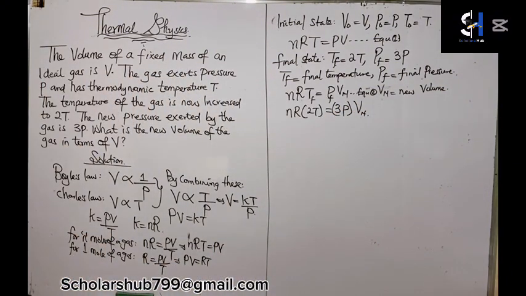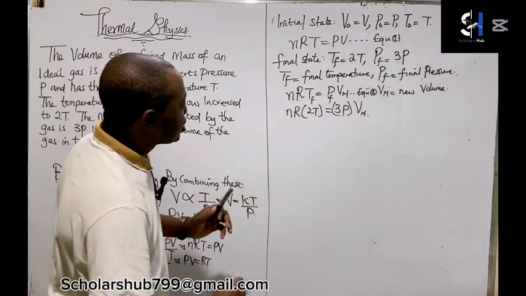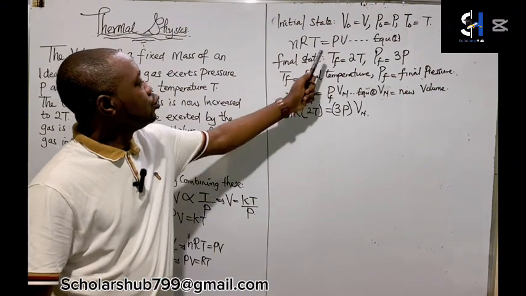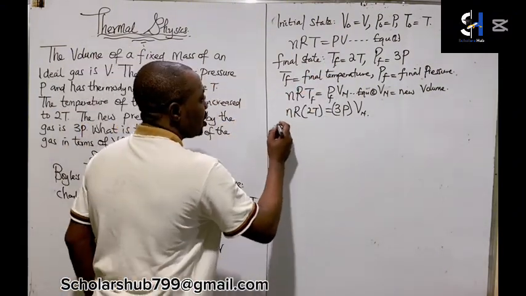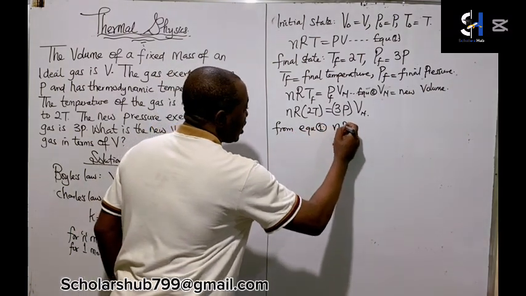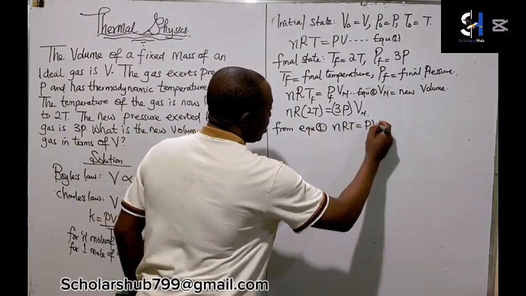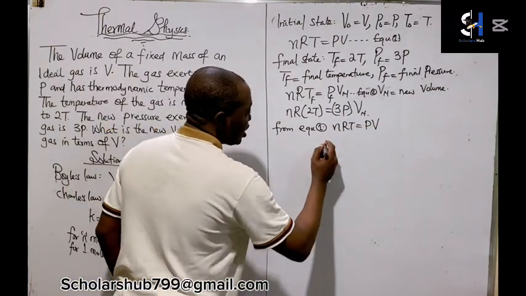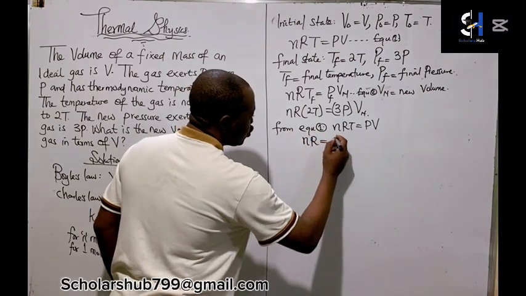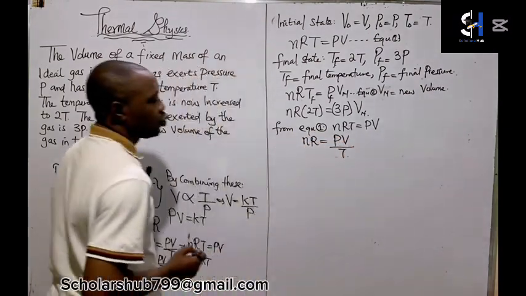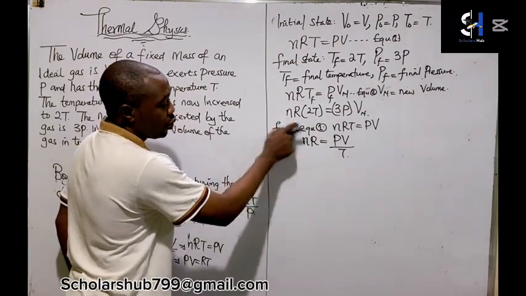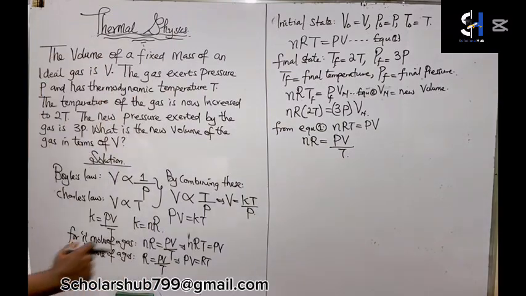Now, from equation 1, we know that nRT is equal to PV, which means nR is equal to PV over T. So we're going to replace nR with PV over T in this equation.